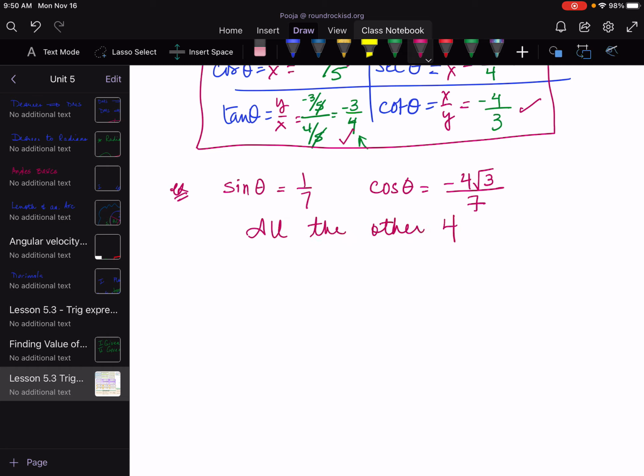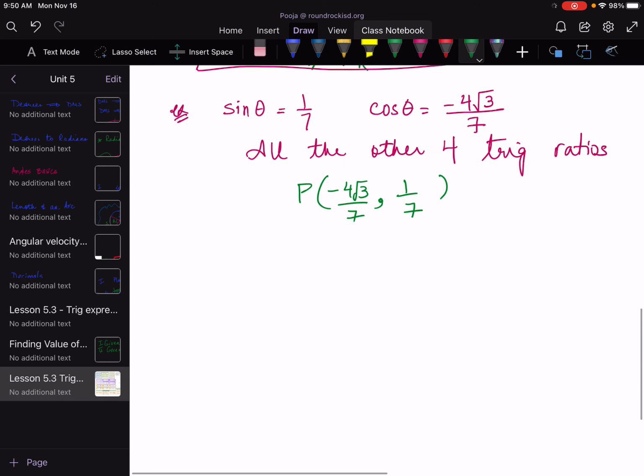Now I have 4 leftover trig ratios given sine and cosine. But first I need to recollect to myself that since they gave me sine and cosine, they actually gave me the coordinate points.